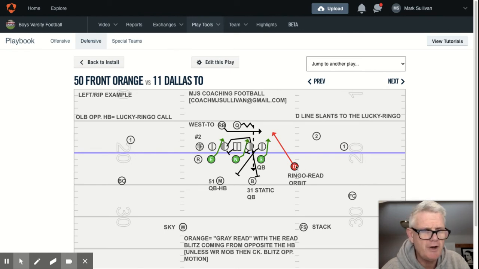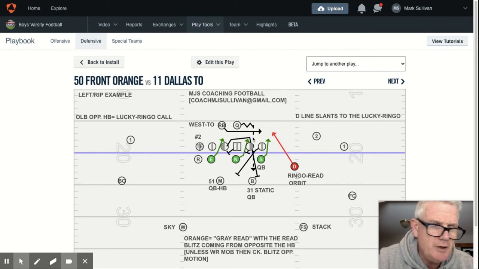In this case, right off the bat, it's Ringo, read, and it's still orbit, which means he's a D crasher. He's got force. He's playing the outside portion of the power read, which is the running back. The quarterback is the inside portion. So the running back has to be running to him.